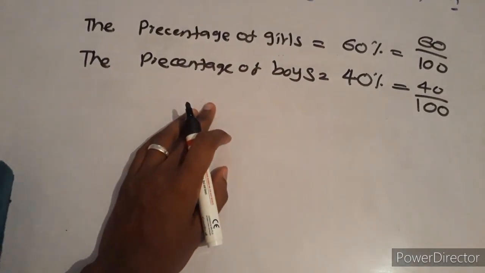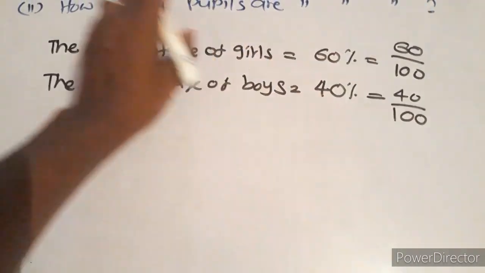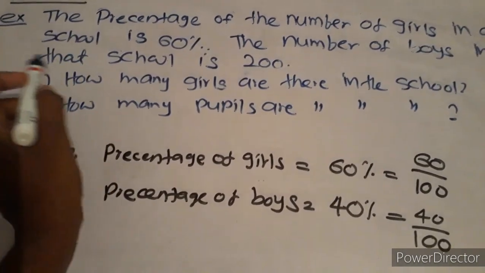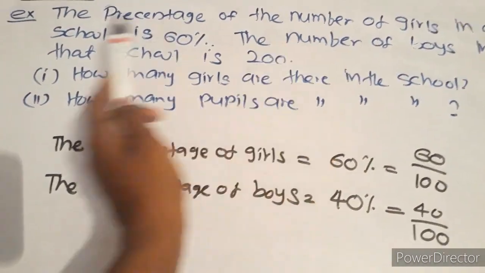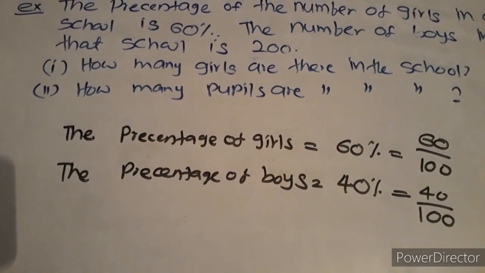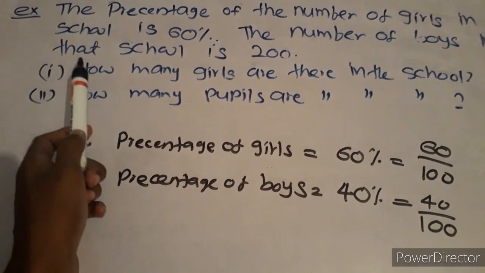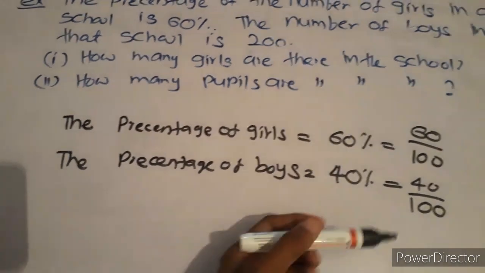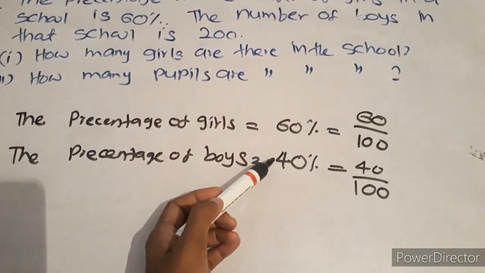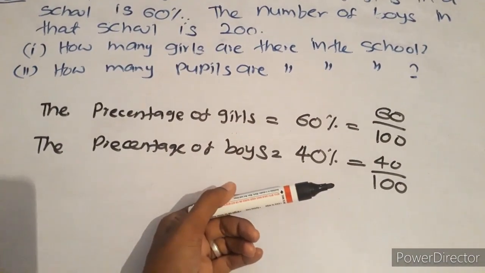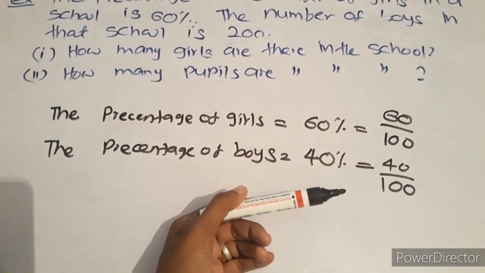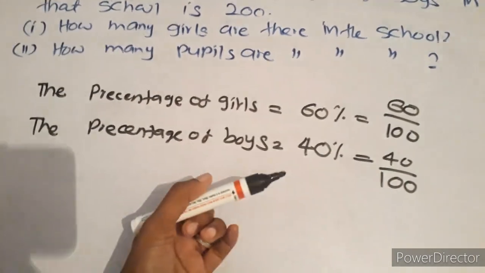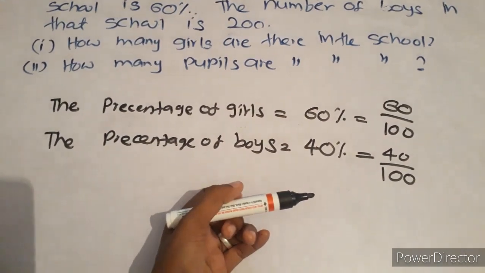Now we know this amount. It says in the question, the number of boys in the school is 200. So this 40% is equal to 200, no? So this 40% is equal to 200.